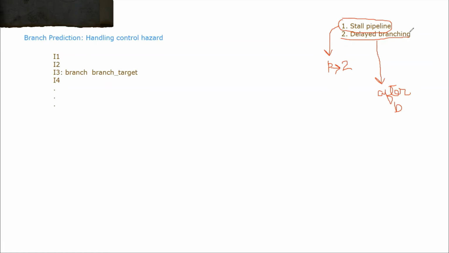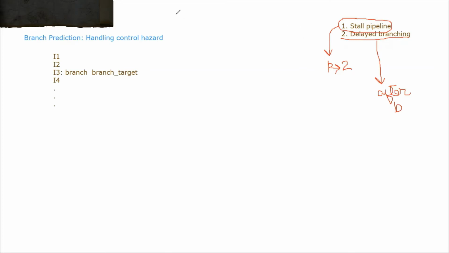And these 2 instructions are found by the compiler. However, the negative side of delayed branching is that our compiler won't be able to find 2 independent instructions all the time.